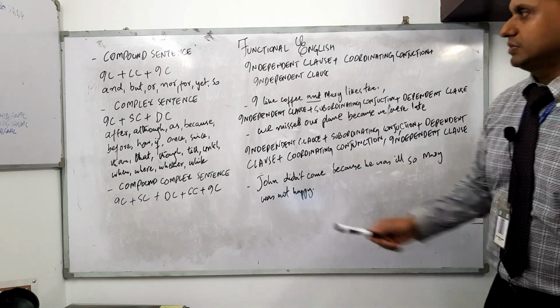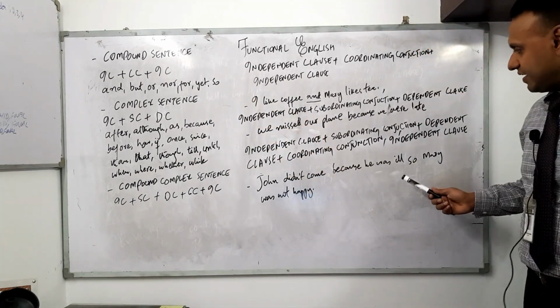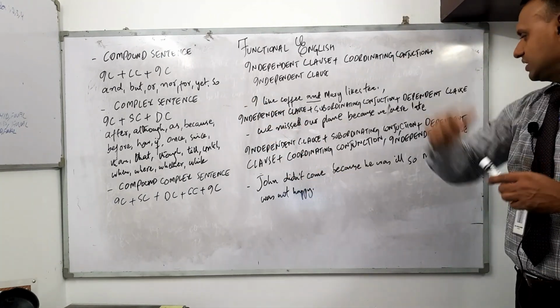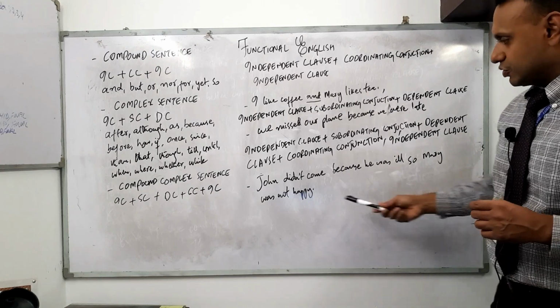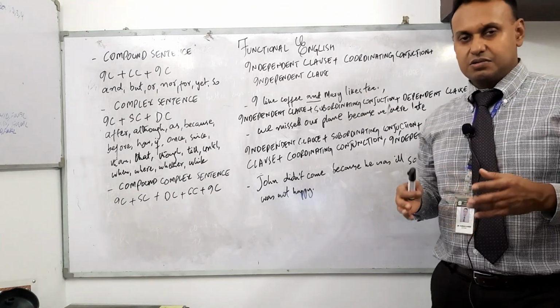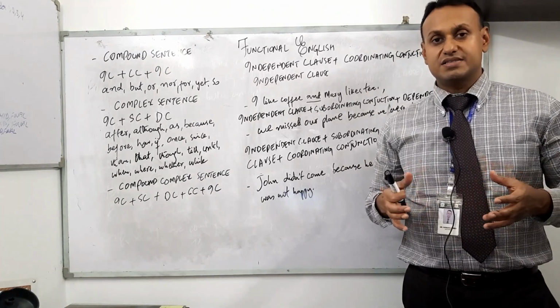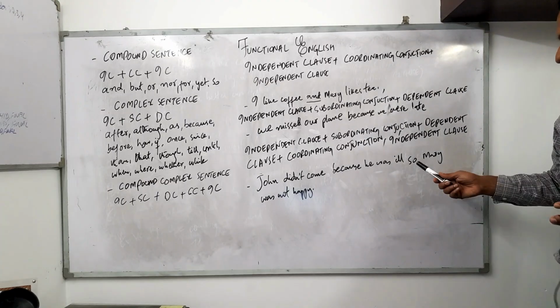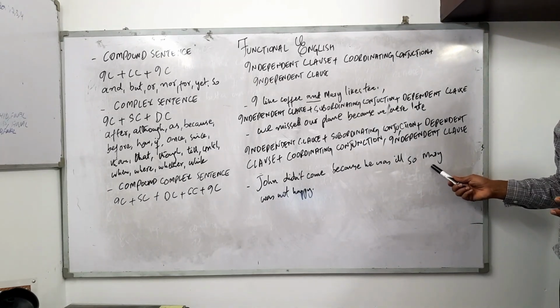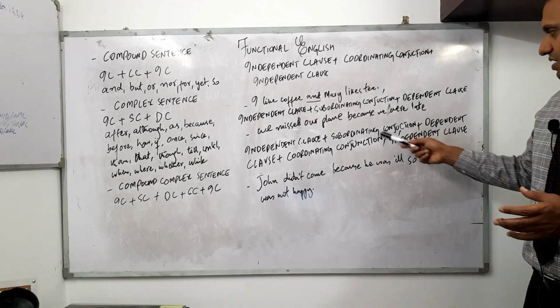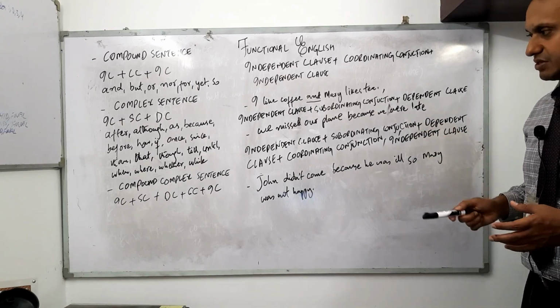And then at the end we have an independent clause. Mary was not happy. It's a complete sentence that makes sense on its own. So it fulfills the formula that I have created here.